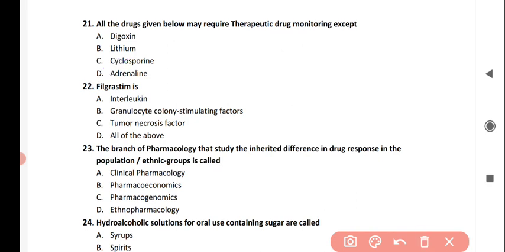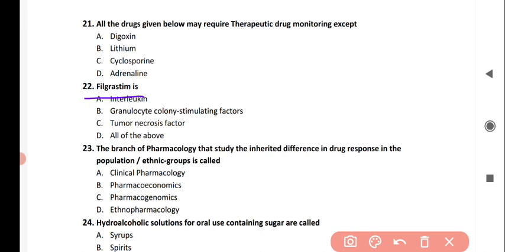The next question is filgrastim is. So what is a filgrastim? So filgrastim is simply a synthetic form of colony stimulating factor, and it is used as an injection to treat the neutropenia that is caused by cancer medicine.